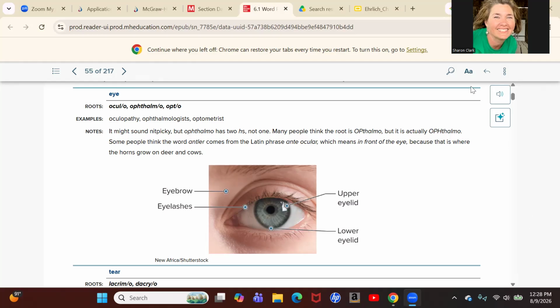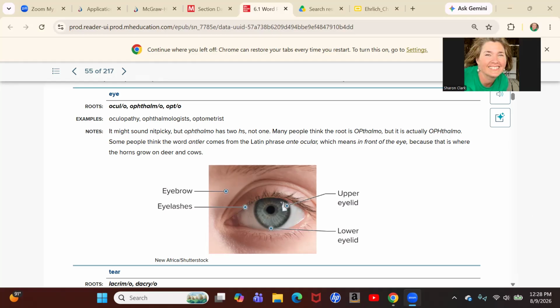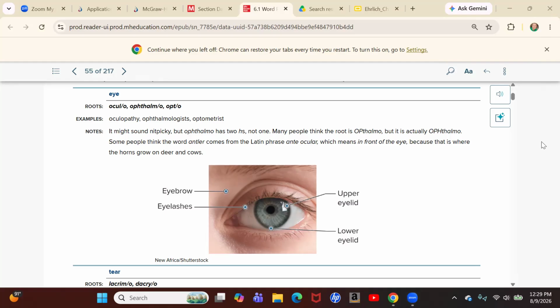We take for granted sometimes the beauty that surrounds us in the world, and that is thanks to our special senses. So let's pay some special attention to specifically ophthalmology and otolaryngology in this chapter, chapter 6.